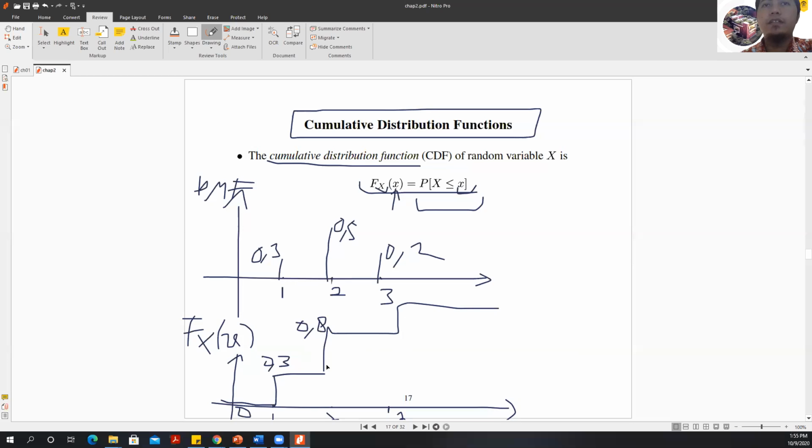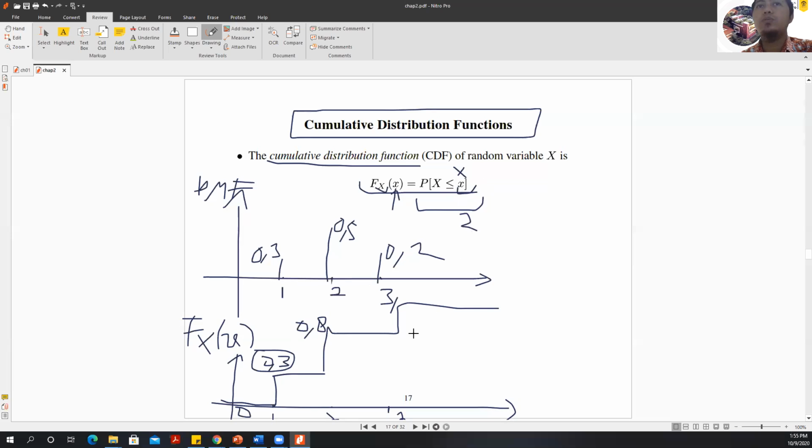That's great. Actually at 3 it becomes 1. You remember that, based on the mathematical definition, at x is 1, the probability of below or equal to x is 0.3.